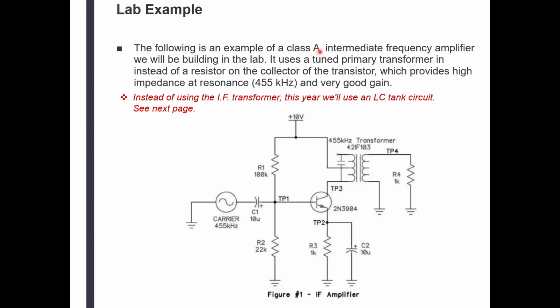Following is an example of a class A intermediate frequency amplifier. We will be building it in the lab, but here's the blueprint. It uses a tuned primary transformer instead of a resistor at the collector.